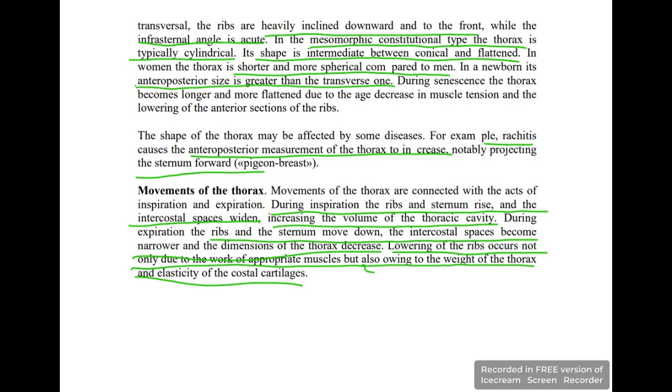This is the main part, because vessels and many structures are there on the first and the second rib. Then the next part would be the joints and the muscles. Then next, you need to tell about the movement of the thorax. This is enough for the viva, but you need to be confident while telling.